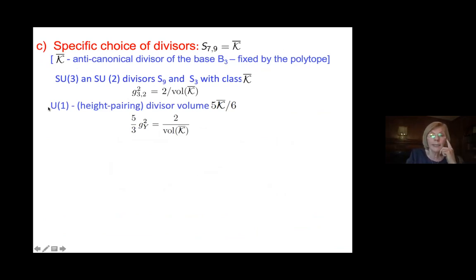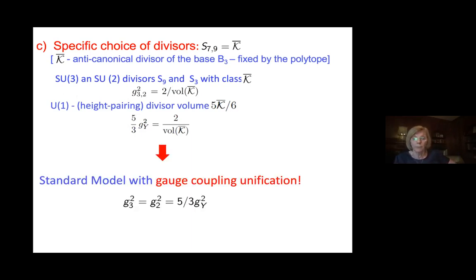And a key thing is that if we look at the volume of the divisors associated with SU3 and SU2, they are also in the class of anti-canonical divisor, and thus they have the same gauge coupling. And calculating the divisor volume of U1, which is more complicated, gives the specific answer of a combination of anti-canonical divisors. And beautifully enough, these models all have gauge coupling unification.